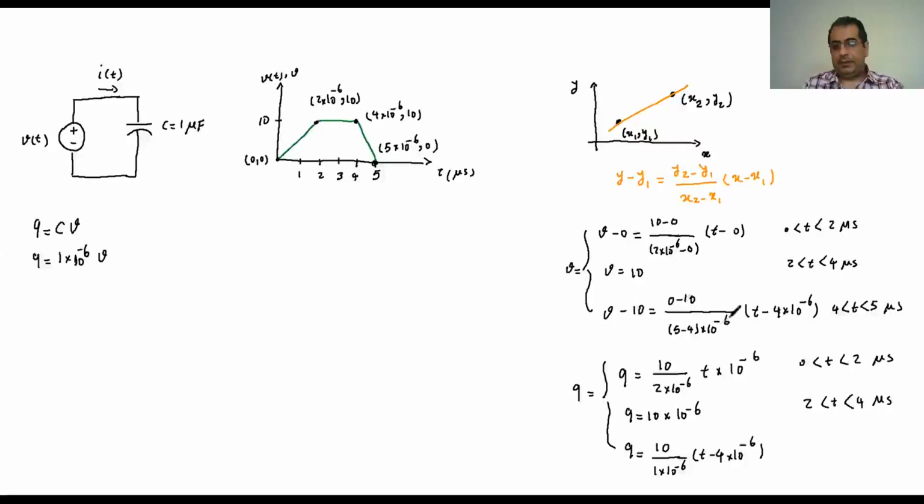And I bring the negative 10 to the other side, so plus 10. And then I multiply the entire one by 10 to the negative 6 to calculate the cube. So it's going to be between 4 and 5 microseconds.